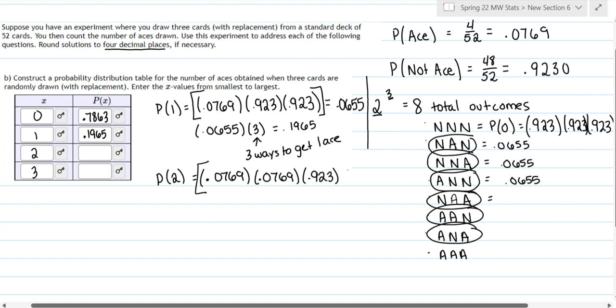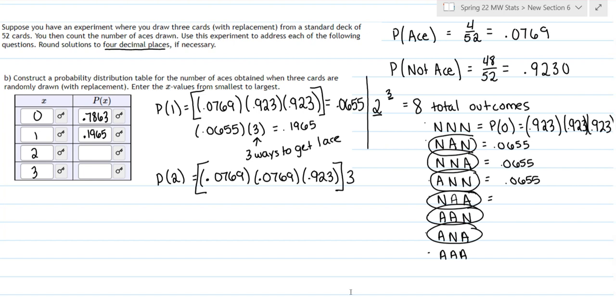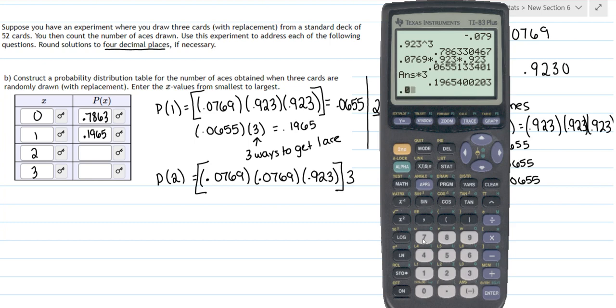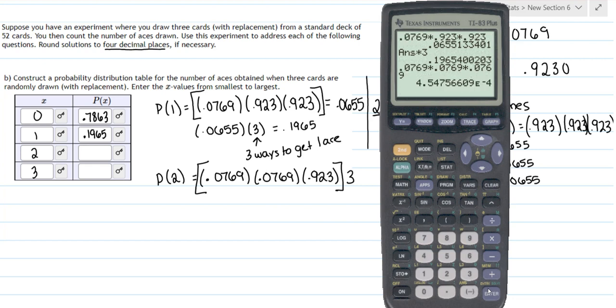That whole thing times 3, because there's 3 ways to get 2 aces. So we'll take, oh, I did that.